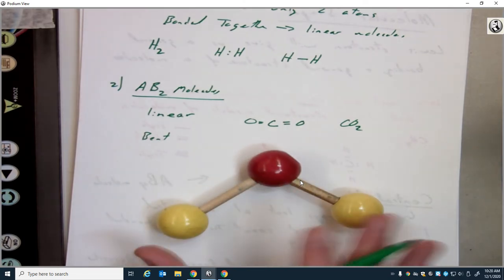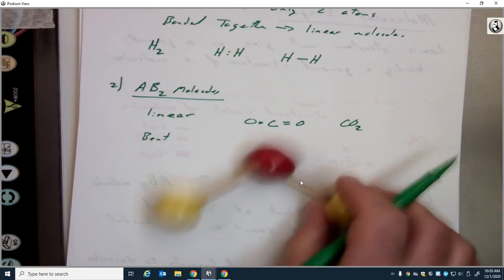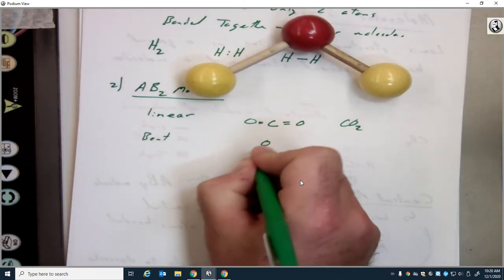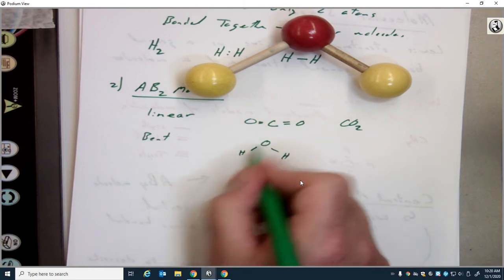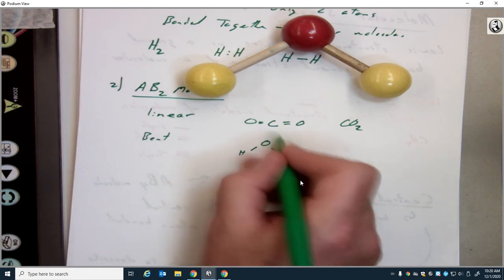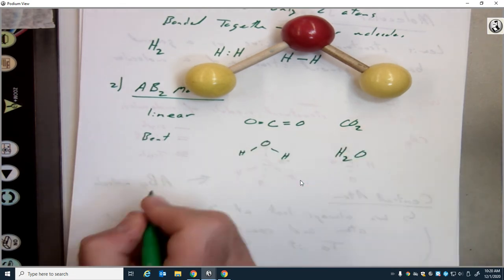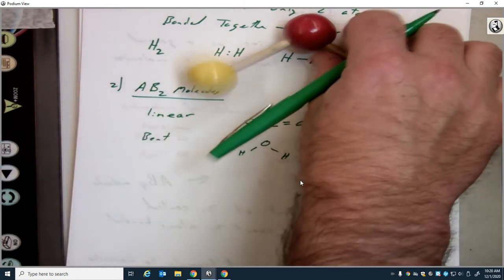Here's my central atom, and it's got 2 bonded atoms off of it. So this is H2O, and it's got this bent shape. And there's a reason for that, and we're going to talk about it. So those are the 2 shapes that our AB2 molecules take.